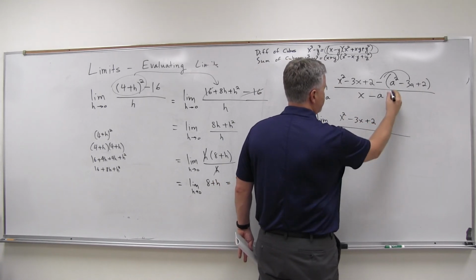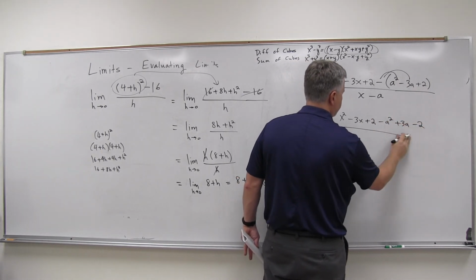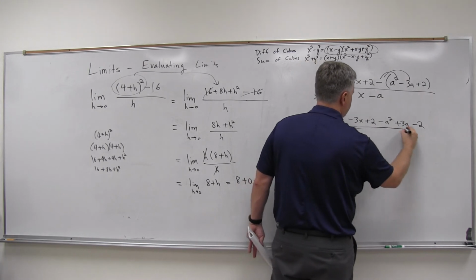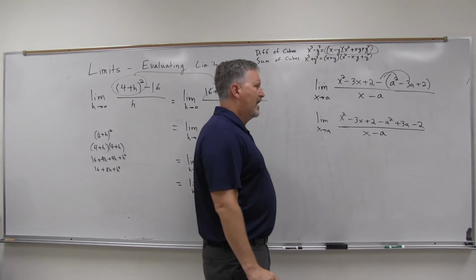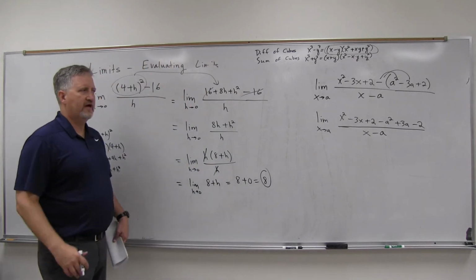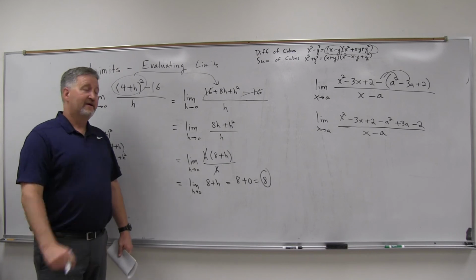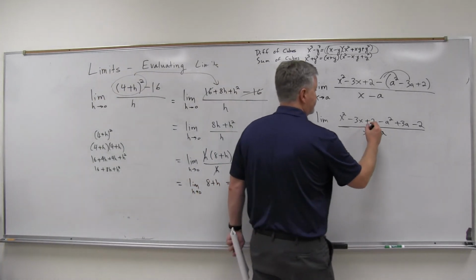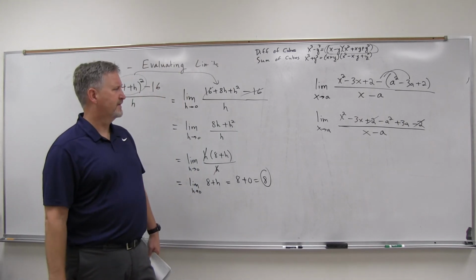That won't change, but then this will be minus a squared plus 3a minus 2 over x minus a. And a lot of times when you do that, there's a lot of stuff that cancels. Here, just one thing cancels, but it does cancel, right? 2 minus 2, those go out.